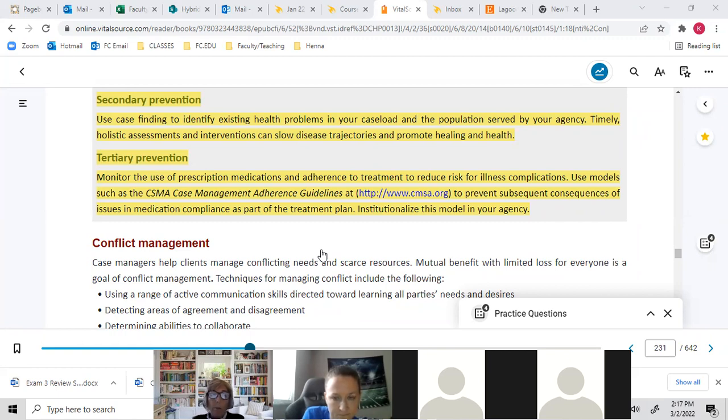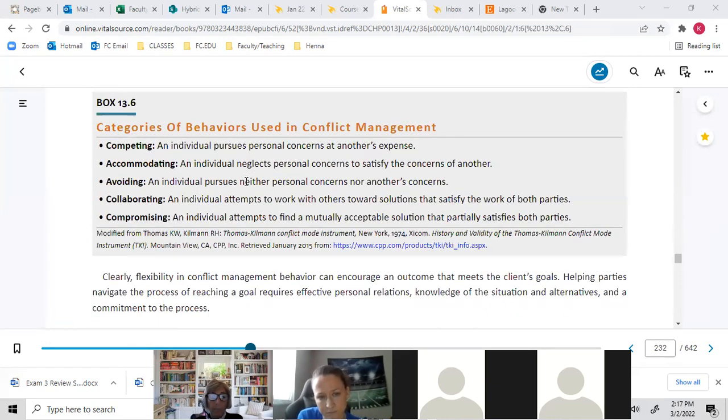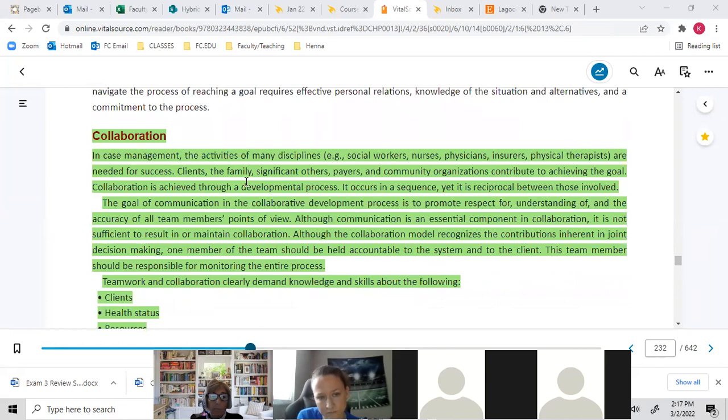So one of the tertiary preventions is maybe you're going into the home to monitor their prescription medications. Maybe they have started on something new and you're monitoring their side effects or their tolerance of the new medication. Does that make sense? Yes.